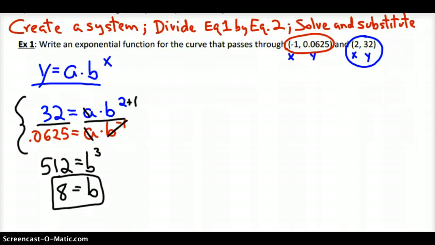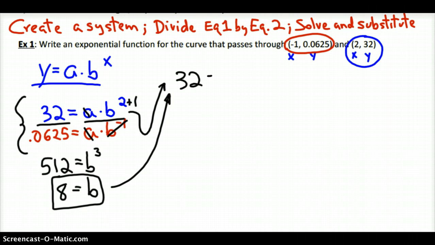So I'm going to take this equation here with this value here, and I'm going to say that 32 equals a times 8 to the second power. Okay. So when I solve this, I get 32 equals a times 64, and I get a equals 1/2.